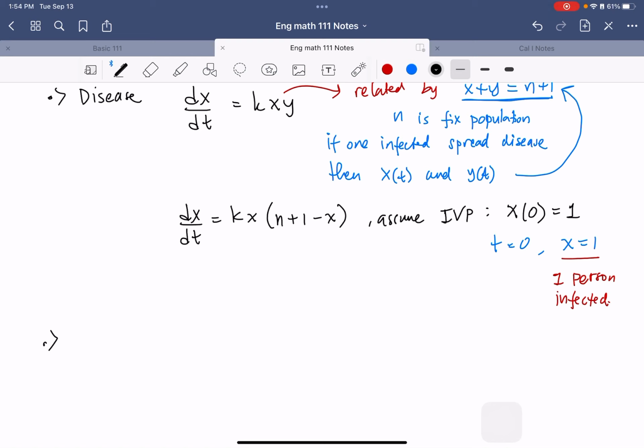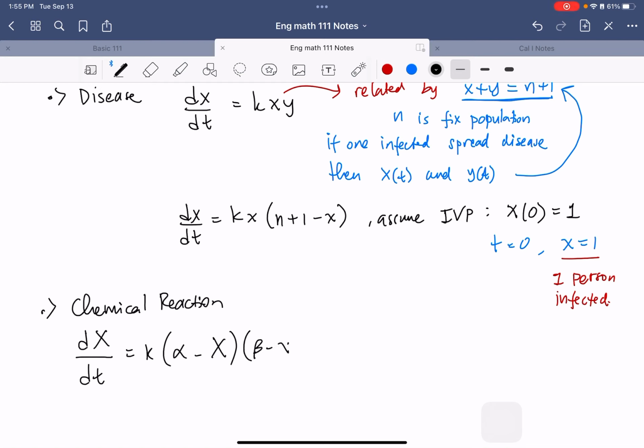I think the last part may be related to chemical reactions. So dx/dt is equal to k(alpha minus x), not x but capital X like that, just to show you that this is the amount of some moles or molecules that is forming.